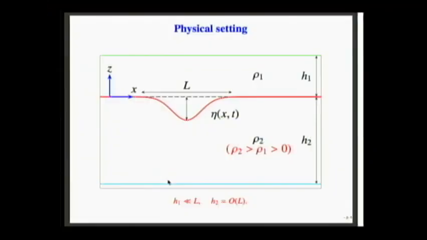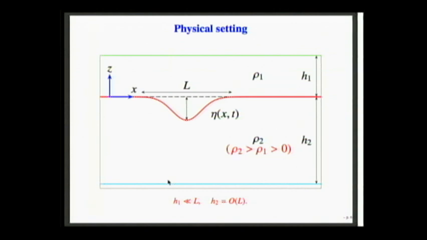So I will assume the coordinate system is positioned at the unperturbed interface. I will consider a shallow water regime for the upper layer. It means the depth of the upper layer is much smaller than the characteristic wavelength of the perturbed interface. The perturbed interface is denoted by eta, the function I want to find.